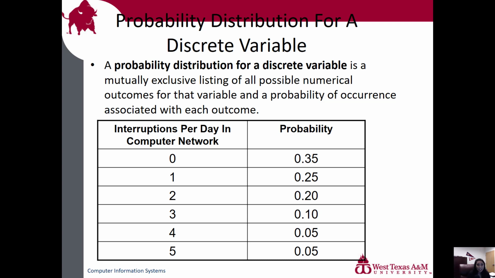Same with a coin. You can either get a heads or tails, and the probability of getting a heads or tails would be 0.5. So here in this chart, we have interruptions per day in the computer network, and we have 0, 1, 2, 3, 4, 5, and the probability that it would happen is here in the right column.